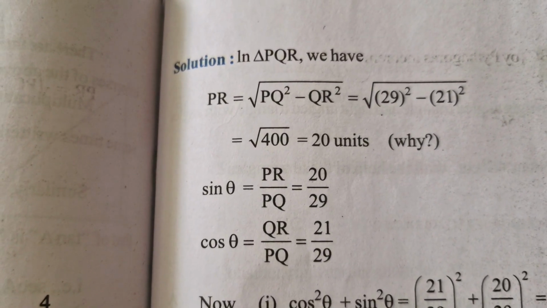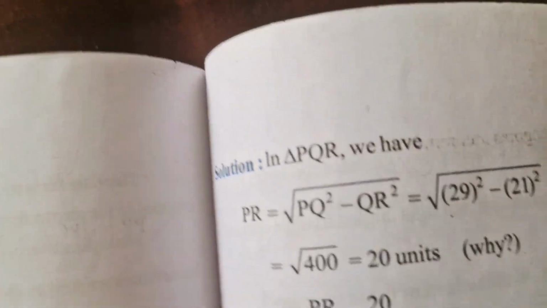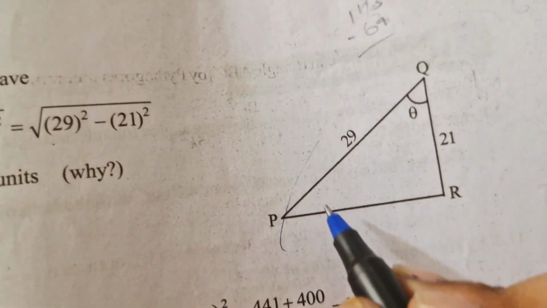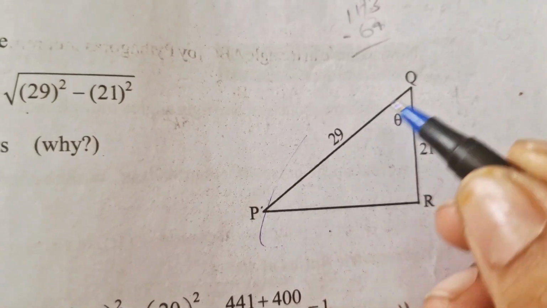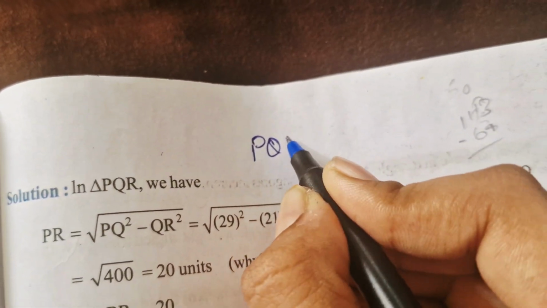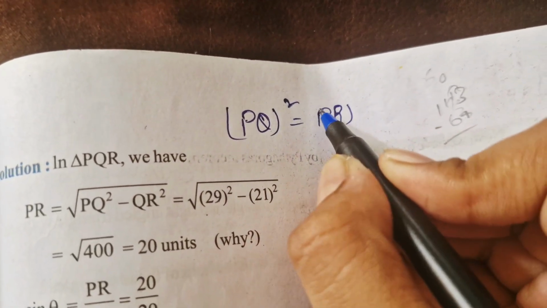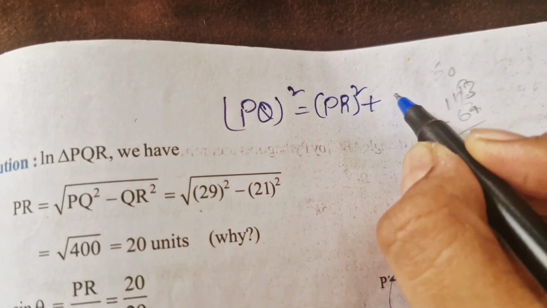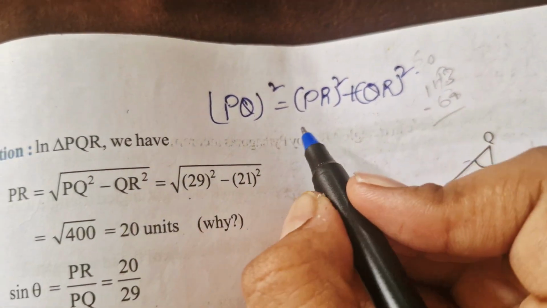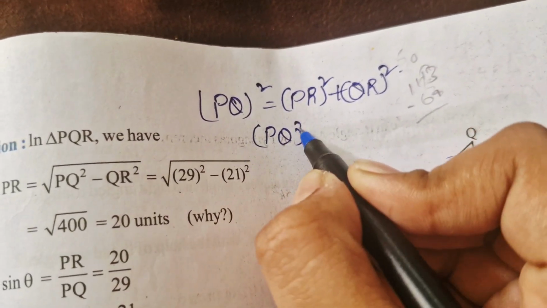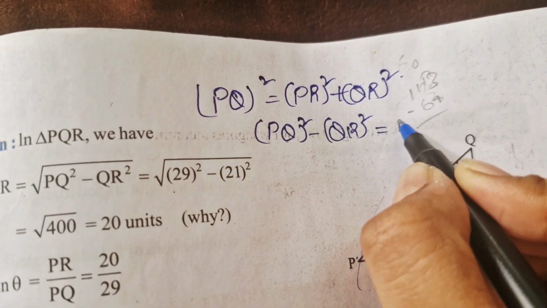In triangle PQR, we are using the Pythagoras theorem here. Let me just solve it here so that you won't get confused. The longest side is PQ. PQ whole square is equal to PR whole square plus QR whole square. So we are sending QR to the left side: PQ whole square minus QR whole square is PR square.